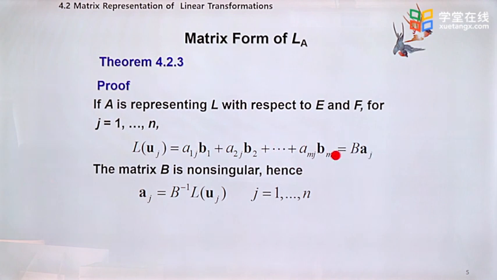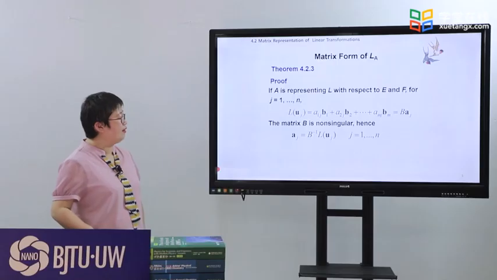So it equals B, this matrix composed by B1, B2 till Bm, times Aj, the j-th column vector. And then in order to get Aj, we can just use the inverse matrix of B. So Aj equals B inverse times L(Uj) for j varies from 1 to n.